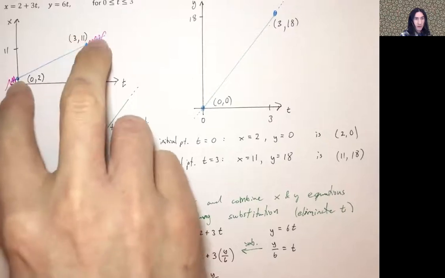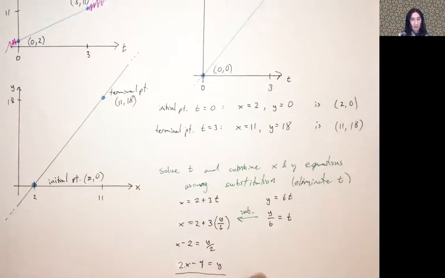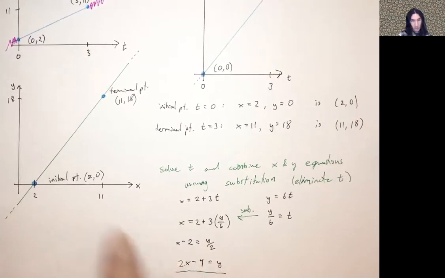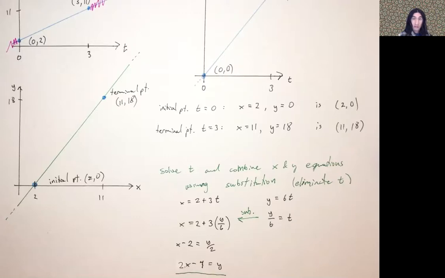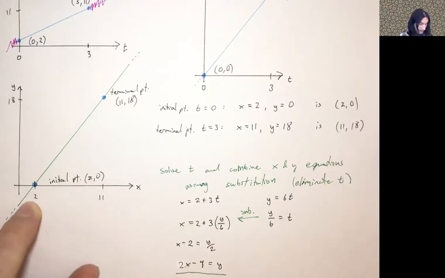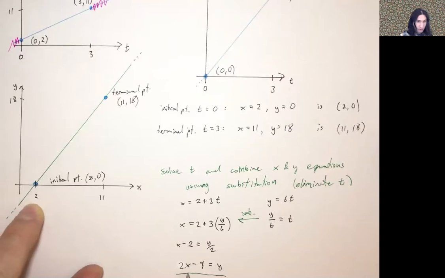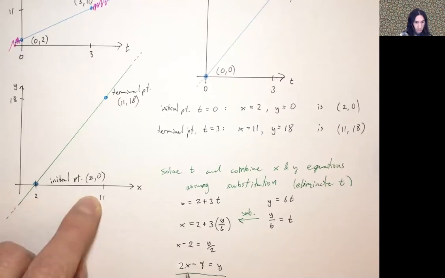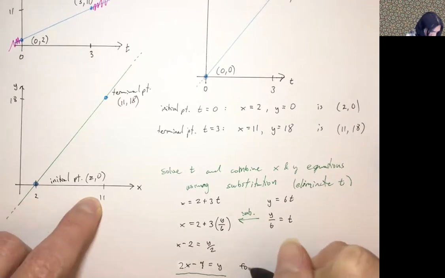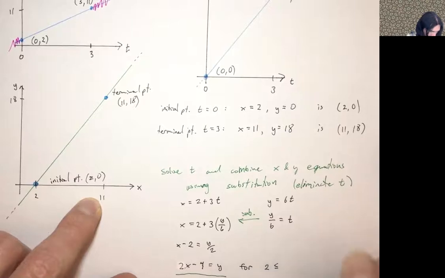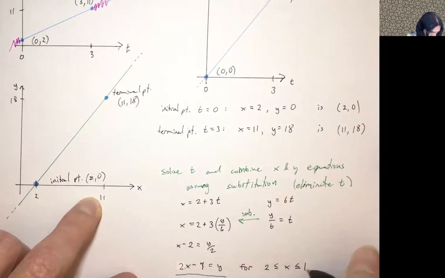Just like up here, there are certain parts of this graph that should not be present. And so this equation describing our curve is actually not sufficient. Okay. We can see, for instance, that the x coordinate can only go from 2 to 11. So this is actually only good for x between 2 and 11.